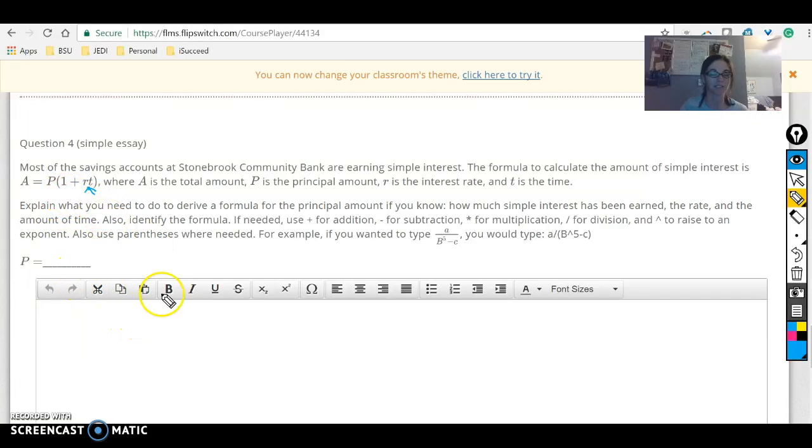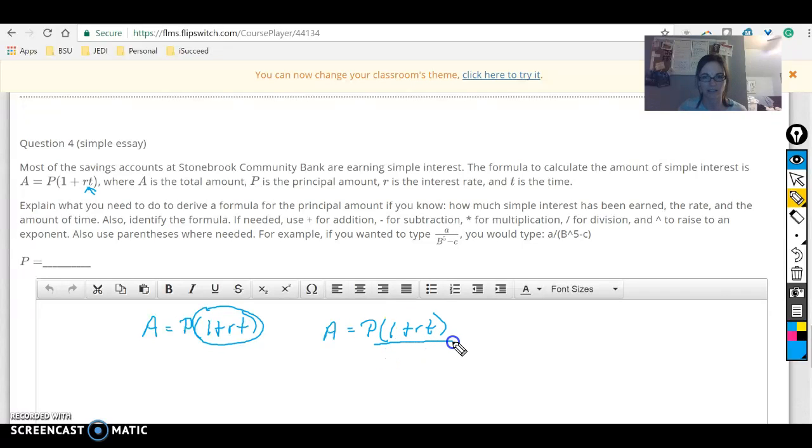If I were to divide, let's write the original equation here, P times 1 plus RT. I can consider what's inside these parentheses as a quantity, and I can divide both sides by that quantity, and it'll cancel it out on the right, 1 plus RT.